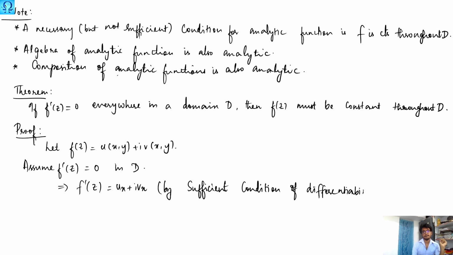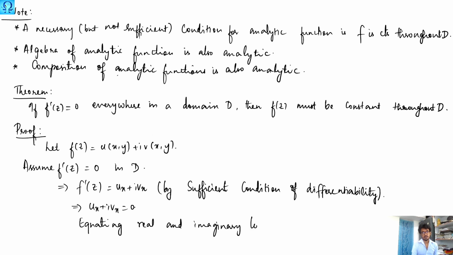By our assumption we get u_x plus iota times v_x is 0. Equating real and imaginary terms, we get u_x is 0 and v_x is 0. Let us mark this as equation 1.